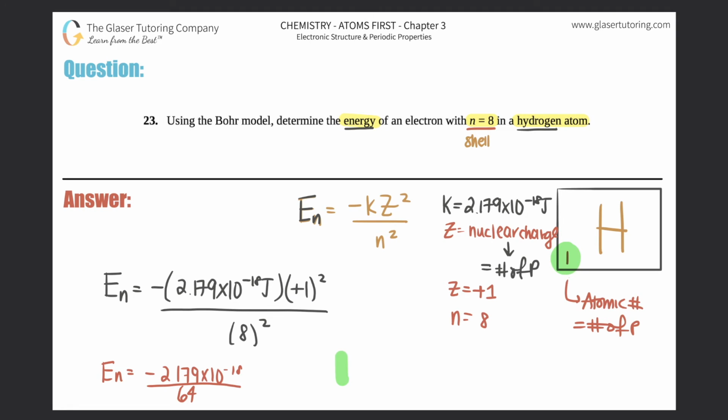So here we go. En, the energy of that certain shell, in the 8th shell, is negative 2.179 times 10 to the negative 18th divided by 64. And you get a negative 3.40 times 10 to the negative 20th joules. And that's your answer for this problem.